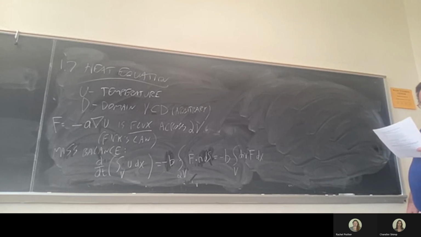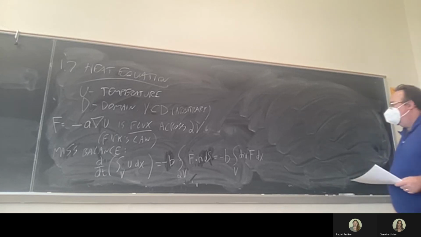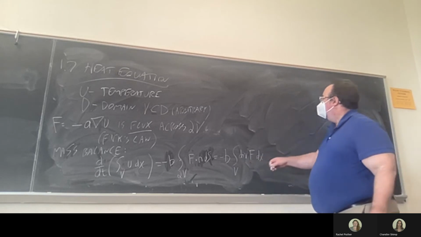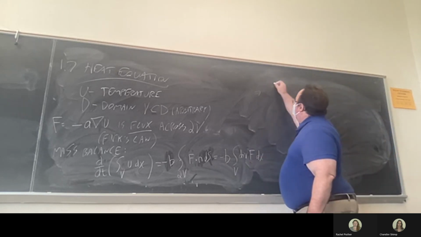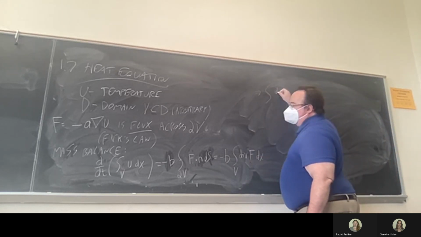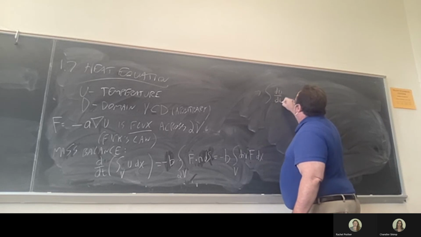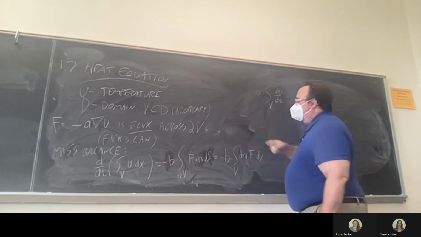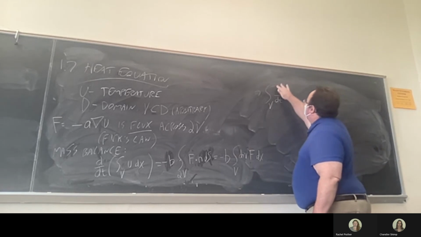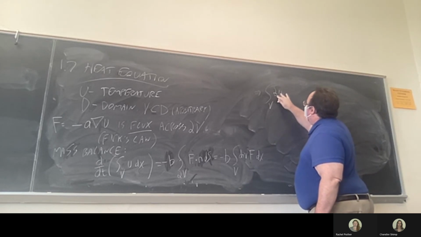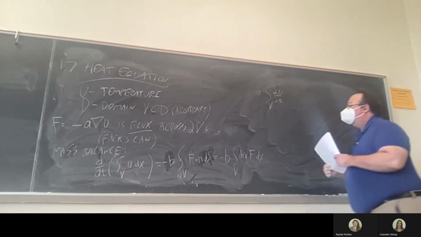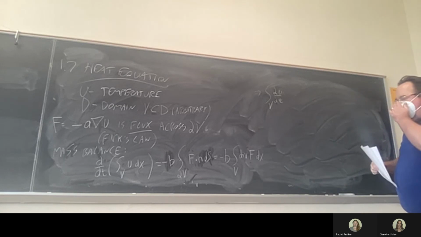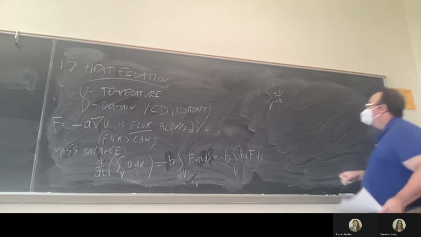Now, I can substitute. So I have du dt. Here I'm moving the derivative with respect to time inside the integral, and I can do that because the region V is not changing over time.